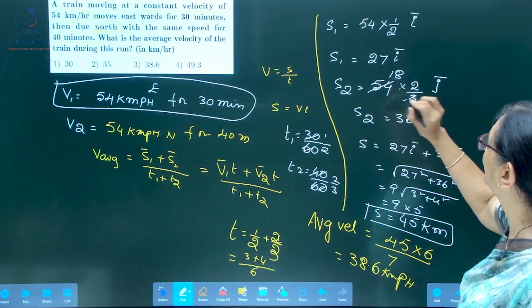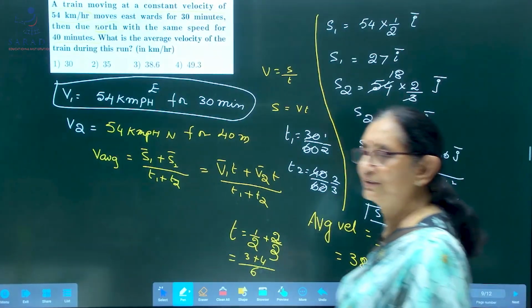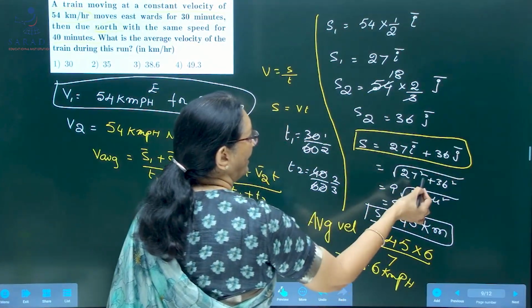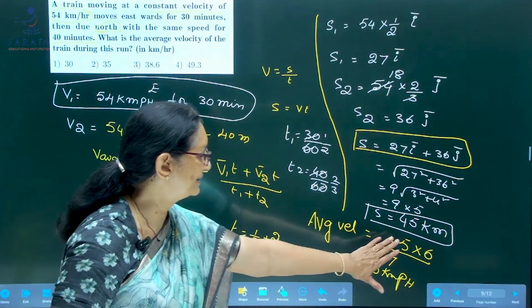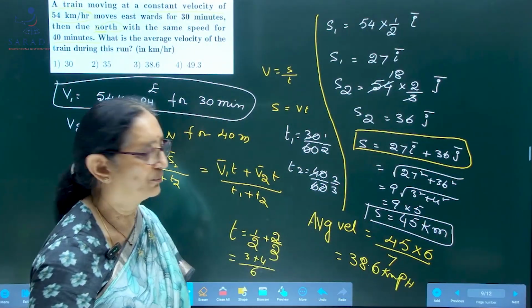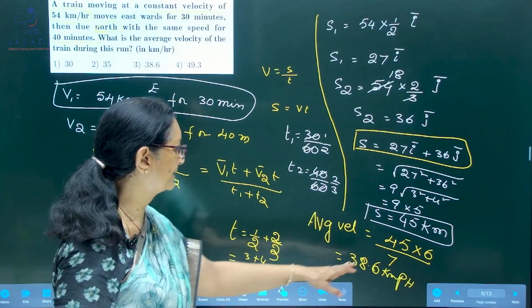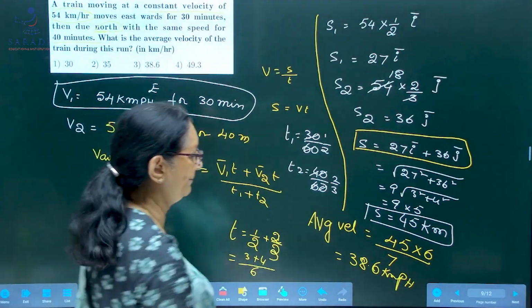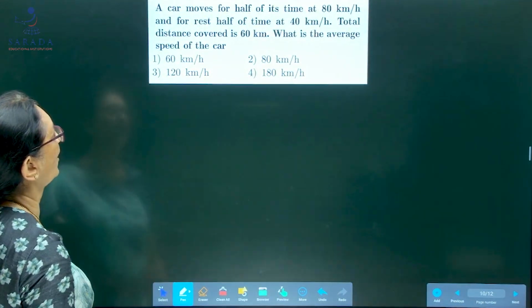Displacement is V into T. So from that equation, the displacement vector is this much, magnitude is 45 km. Average velocity is total displacement by total time. Total time is half an hour plus 2 by 3 hours, it is 7 by 6 hours, so 38.6 kmph. Now, let us go to the next problem.